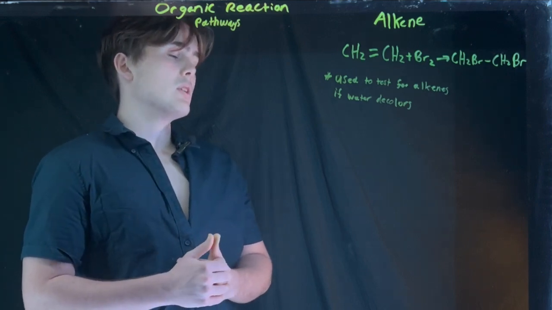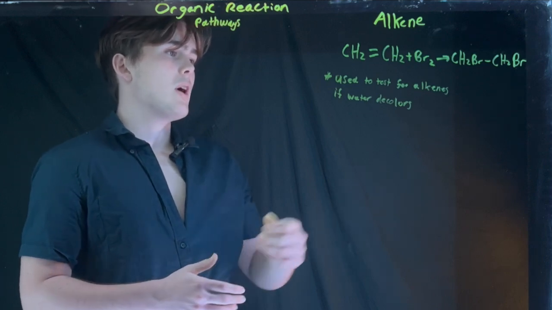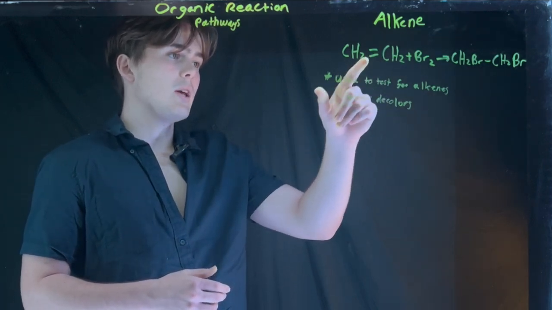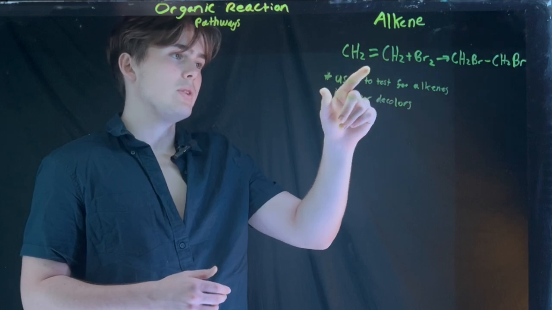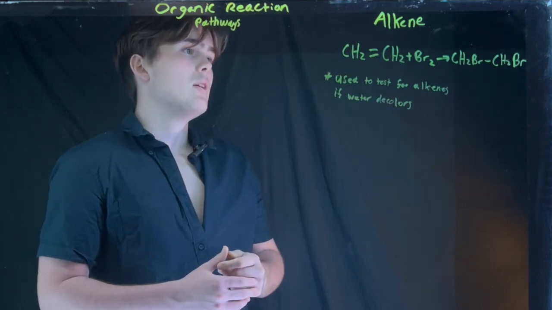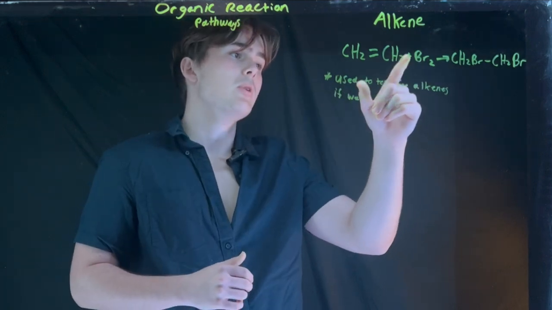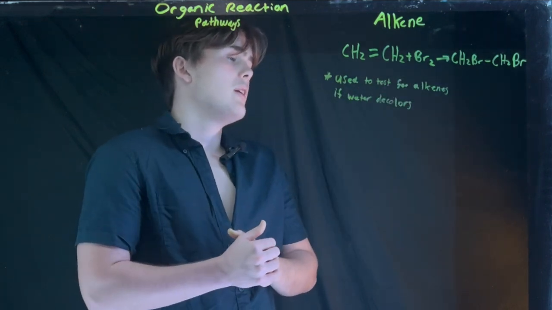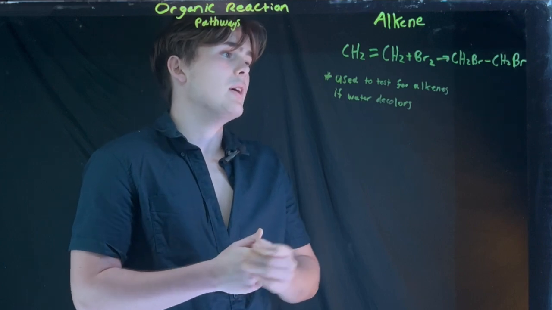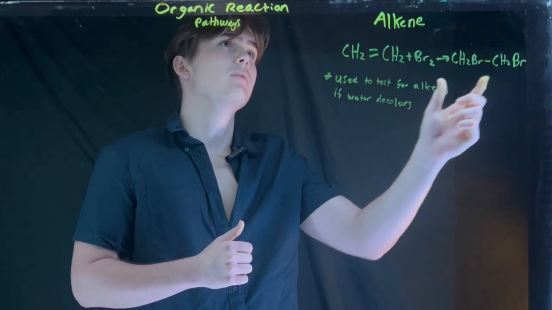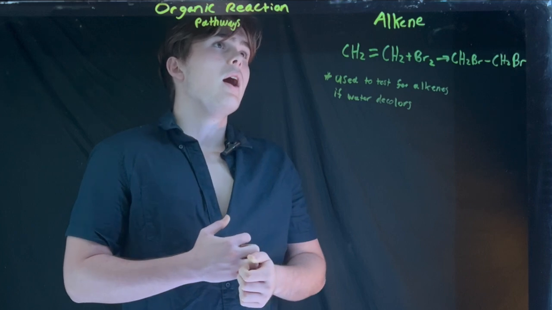Let's have a look at this one here. We have ethene again, because we have two carbons and that double bond. It's reacting with a halogen, in this case bromine, and that is becoming an alkane on this side here.